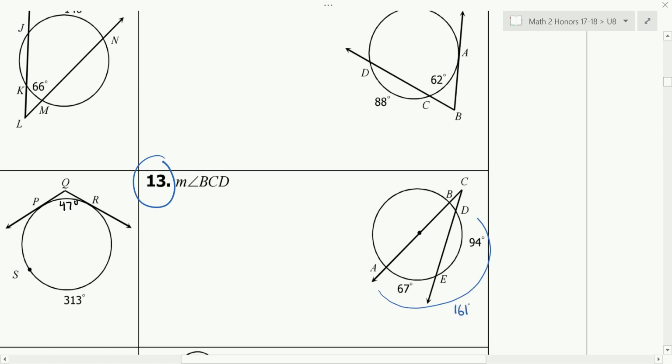And then you subtracted that from 180. Why 180? Oh, good. BA is the diameter. And so you're trying to find that small arc measure BD, which is 180 minus 161. That's the measure of BD.